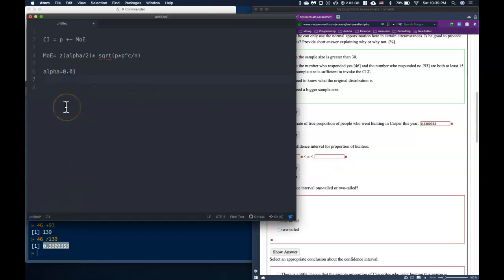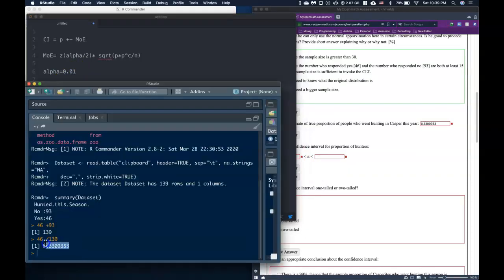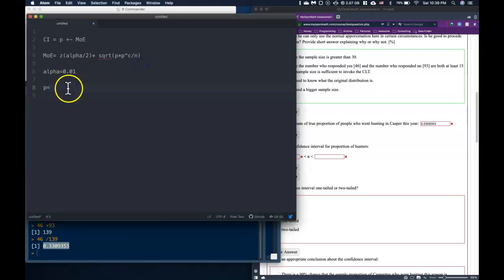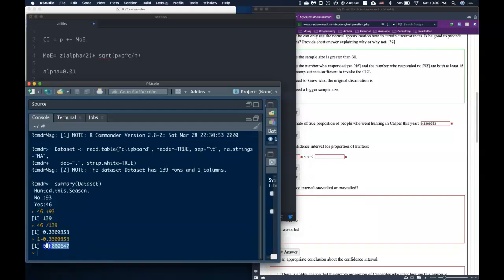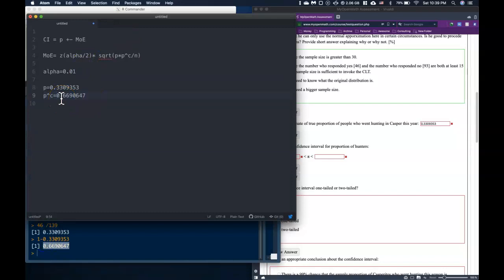We know what P is. We know that P is equal to this proportion. We know that P complement is equal to 1 minus this guy. And so let's figure out what our standard error is.